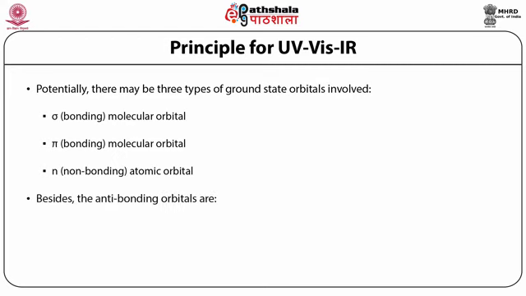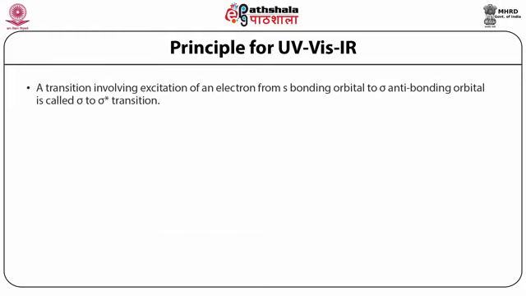Besides, the anti-bonding orbitals are the sigma star orbital and the pi star orbital. So a transition involving the excitation of an electron from a sigma bonding orbital to a sigma anti-bonding orbital is called a sigma to sigma star transition.